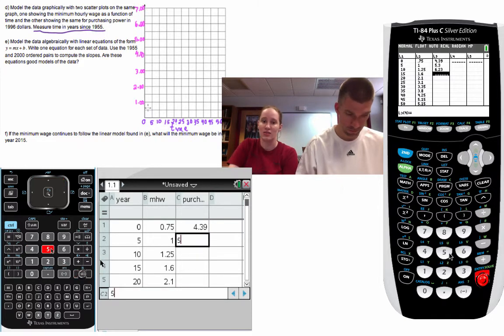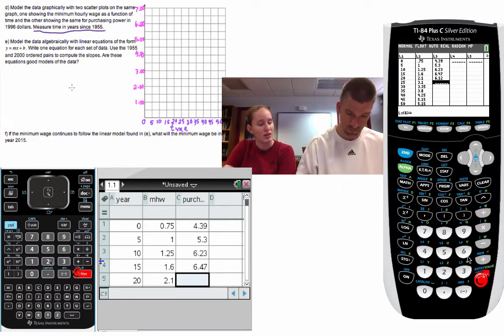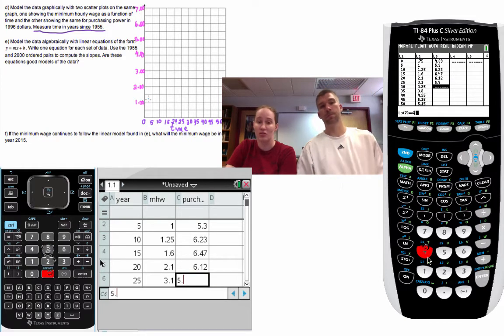Each line is 50 cents, so I just labeled every other line. Then you'd preferably have two different colors, or maybe a pen and a pencil, and you'd be able to mark out points for minimum hourly wage.